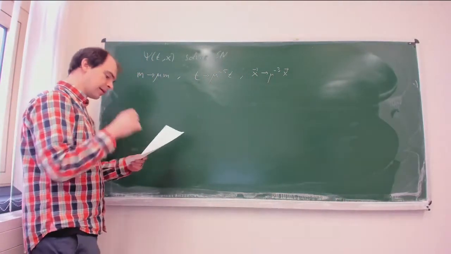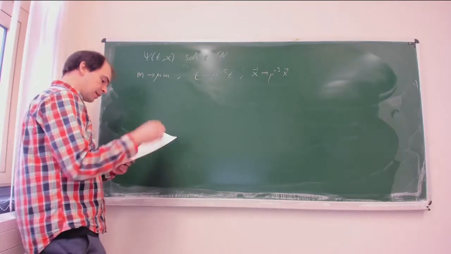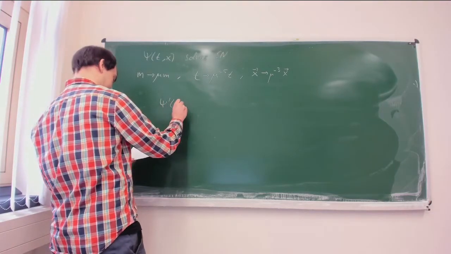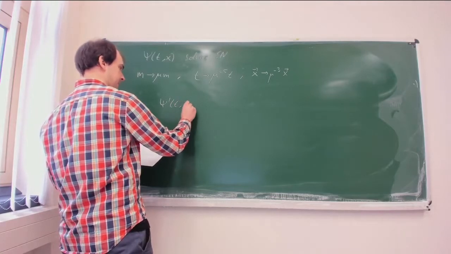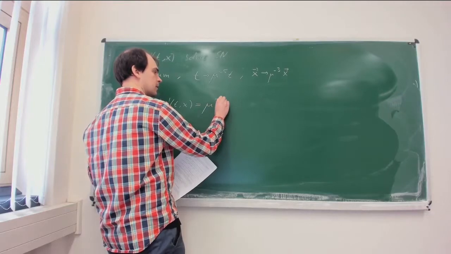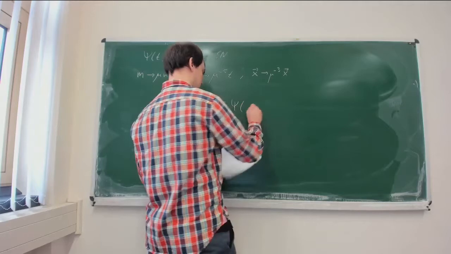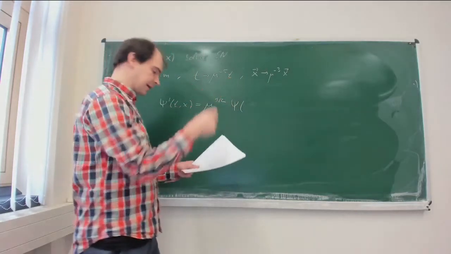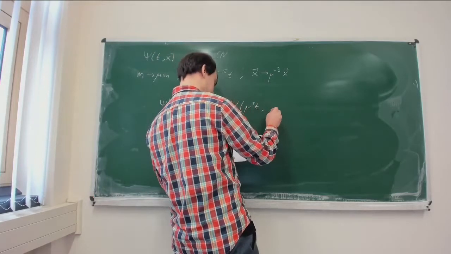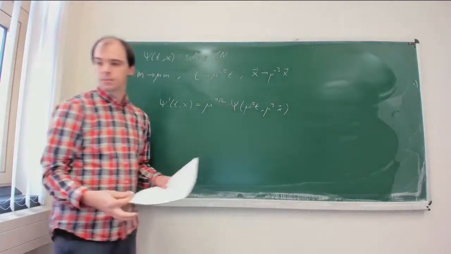Then again we get a solution of the Schrödinger-Newton equation, but with a different norm. So the new solution is mu to the power 9/2, and then we have this scaling, so psi of mu to the 5 t, mu to the 3 x.